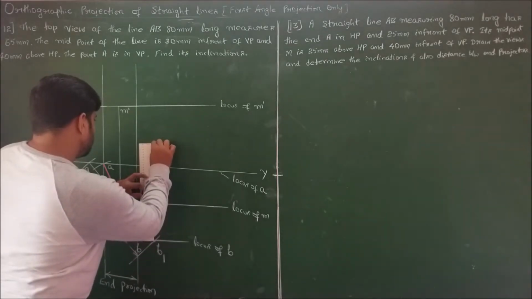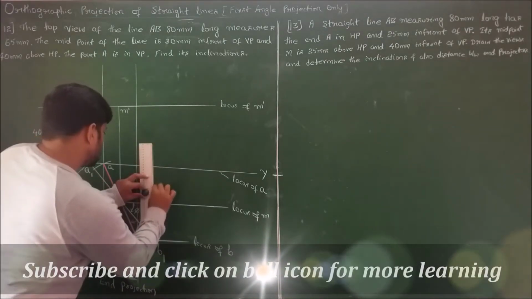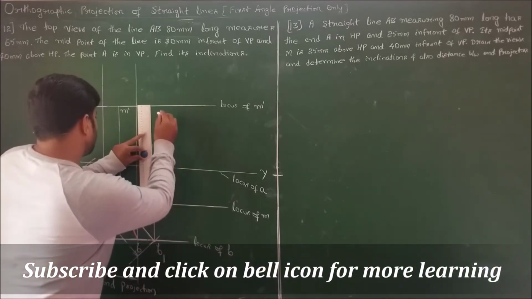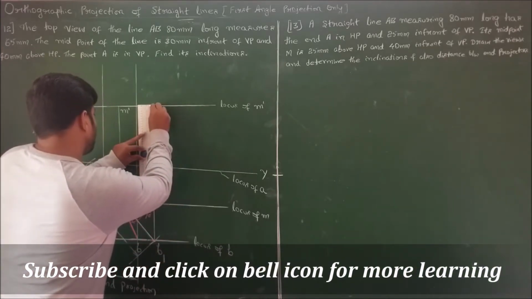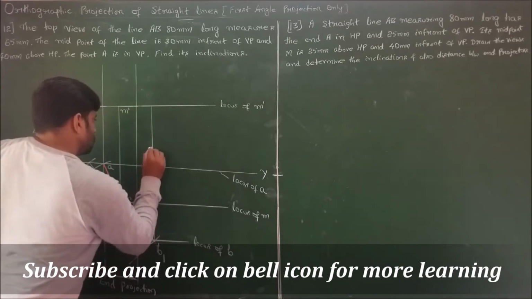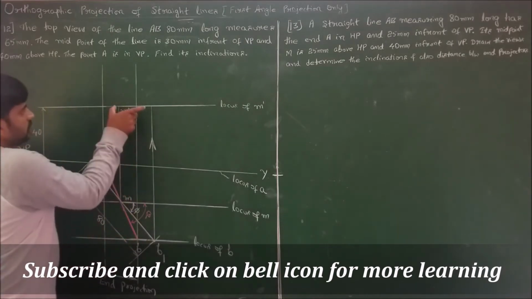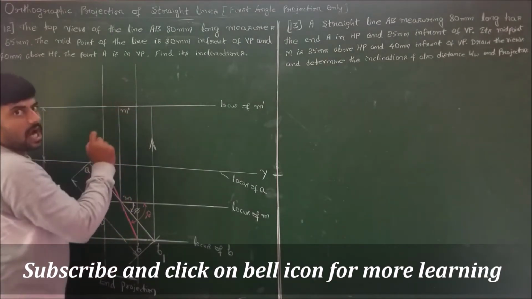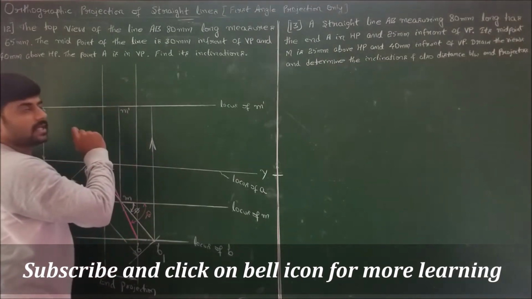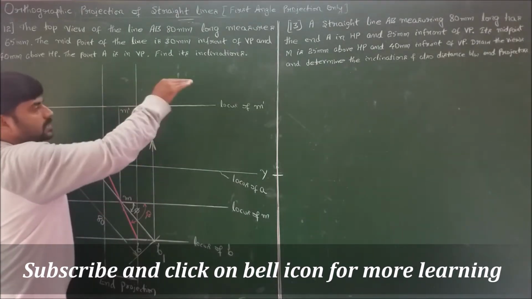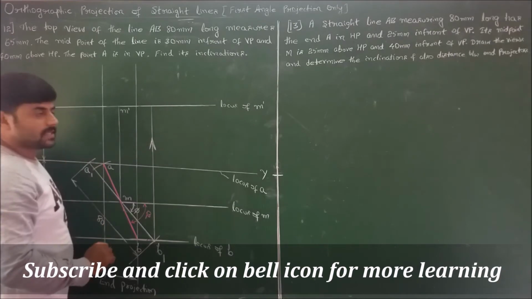This should be dropped to the locus of midpoint. That is the change here. So drop perpendicular to the locus of midpoint. Now from the midpoint, if I rotate, I will get half of the apparent length here. Extending which I will get the remaining half, and I can fix both the locus. Hope the concept is clear.